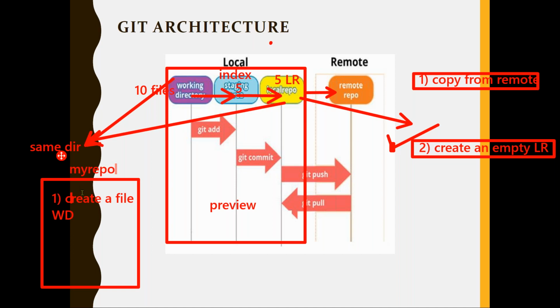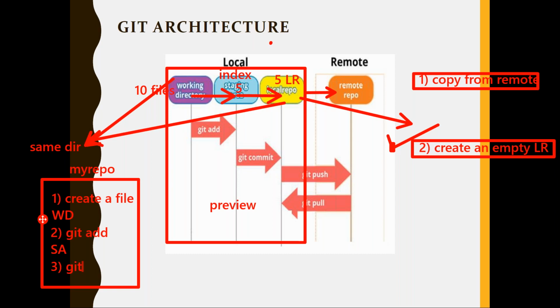If I have created a file, then I'll say the file is in the working directory. Then if I add the file to the staging area by running commands we'll learn later, or the index area, just let me give you a clue, then we say it is in the staging area, right?